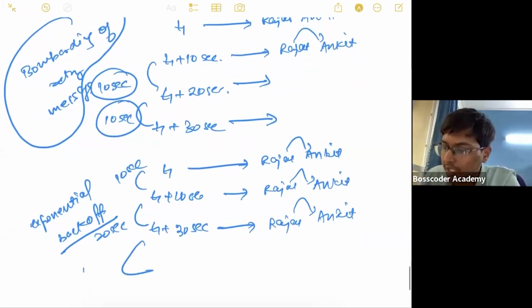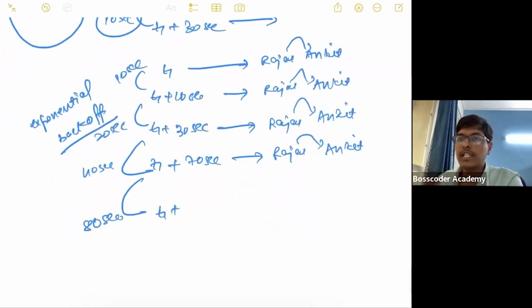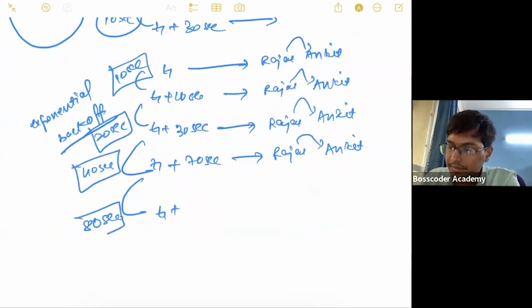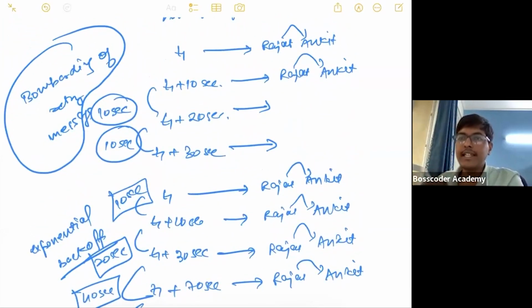Then you will try after 40 seconds, which is T1 plus 70 seconds. Then you should retry after 80 seconds. And similarly, you should keep on increasing the time frame in which you are retrying. And that will make sure that your system is not bombarded with retry logic a lot. Right? Does this make sense?